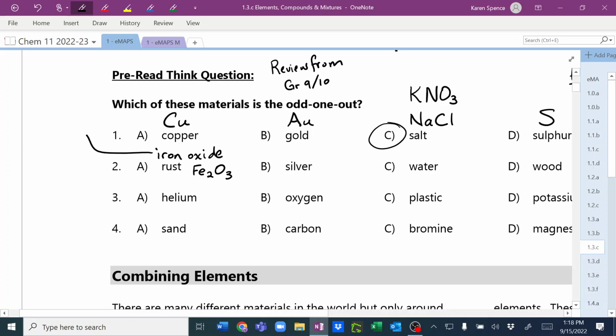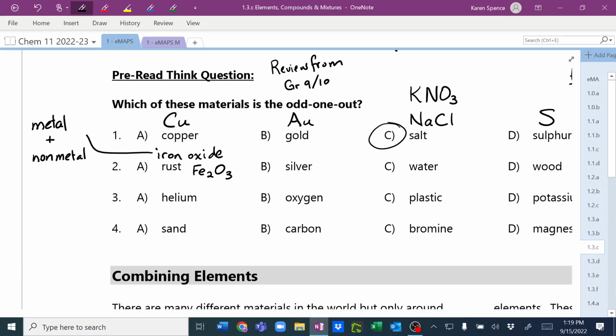Okay, what kind of an element is iron? Iron is a what kind of element? Metal. So we have iron, which is a metal, and we're putting it together with oxygen, and oxygen is a non-metal. And if you're a little foggy on where all those are, don't worry, we have a whole unit on that in Unit 3.